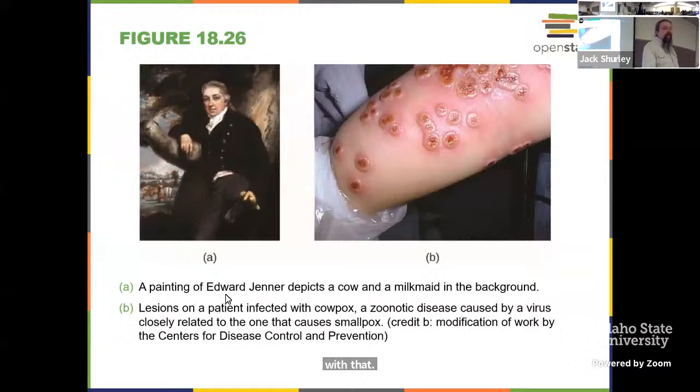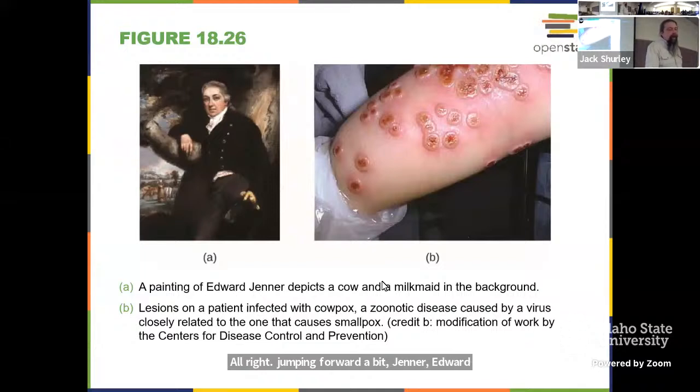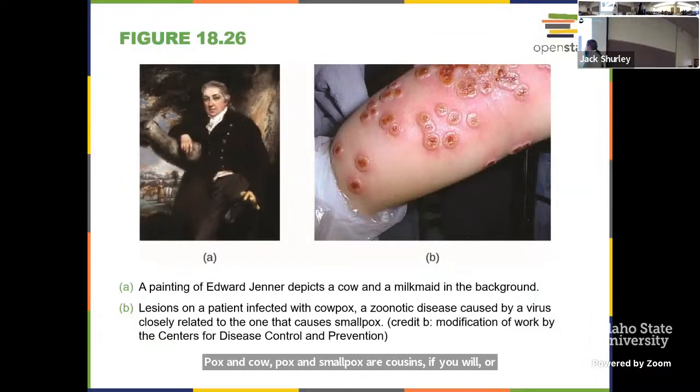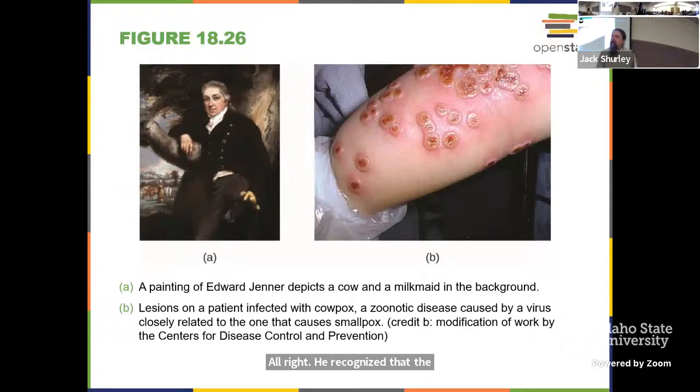Jumping forward a bit, Edward Jenner comes up with a different idea, and vaccination. Vaccinia is cowpox, and cowpox and smallpox are cousins, if you will, all right? He recognized that the milkmaids, the ladies out there milking cows, didn't get smallpox, and he started to wonder what's going on.